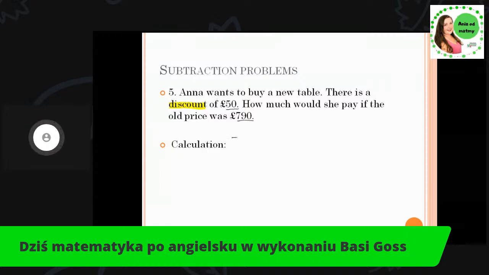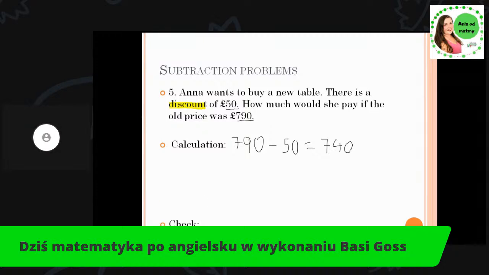Yeah, the bigger number, 790 minus 50 is 740.